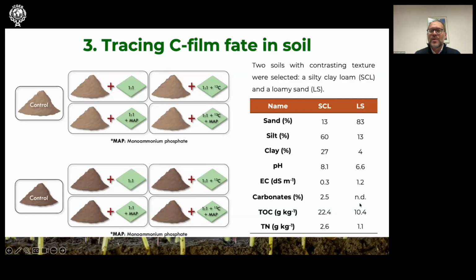We used carbon-13 because, as I said before, it allowed us to understand the fate of carbon. What I mean is whether this carbon that we add by using bio-based and biodegradable mulching films is mineralized by soil microorganisms or immobilized by soil organisms, and in which percentage.